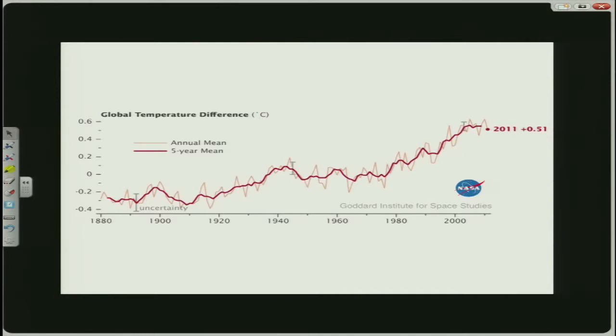And the graph you're looking at is a graph that is provided by NASA, which shows the global temperature since 1880. What this graph shows is not the absolute temperature, but it's the temperature over time compared to a baseline of 1951 to 1980. So you'll see there's a zero on the graph. Let's have a look at it more closely.